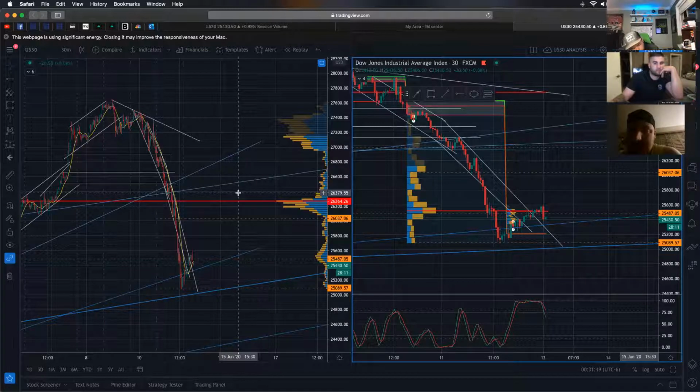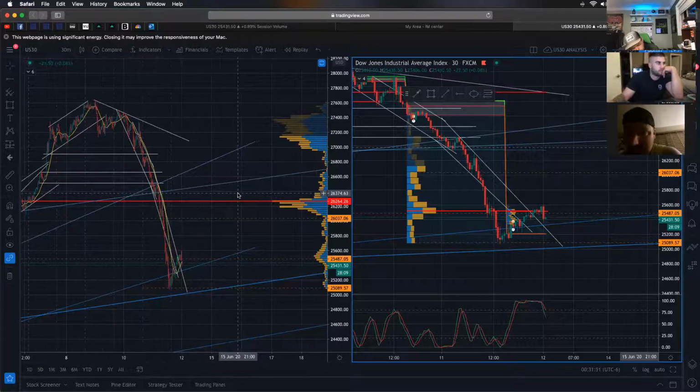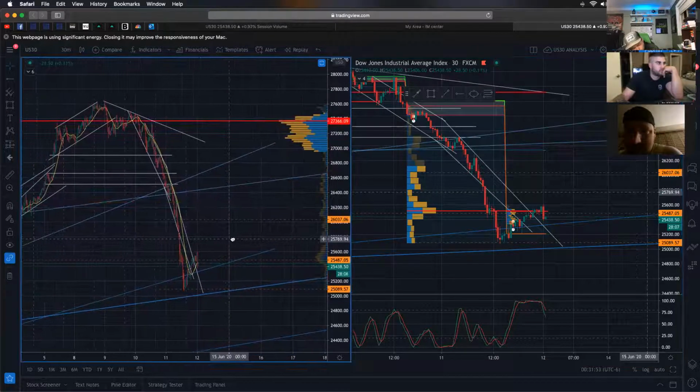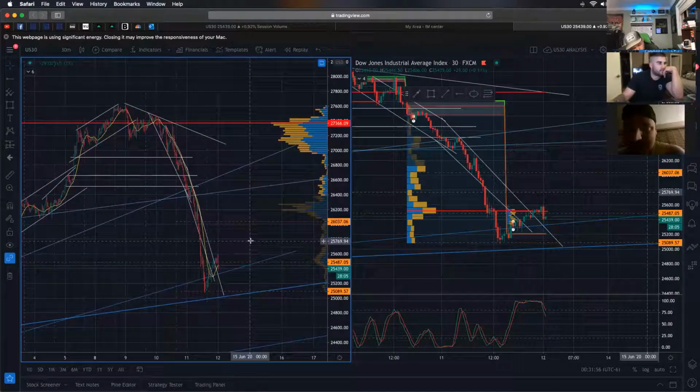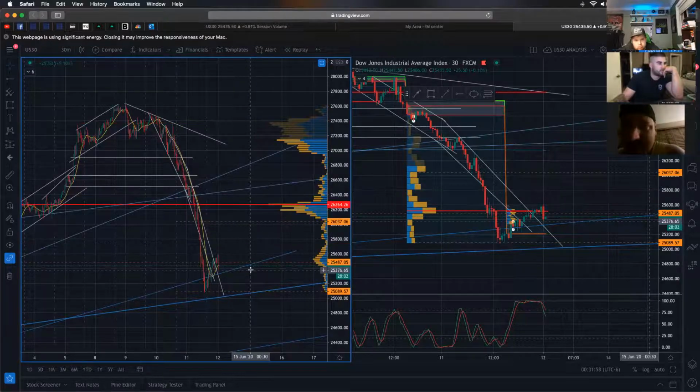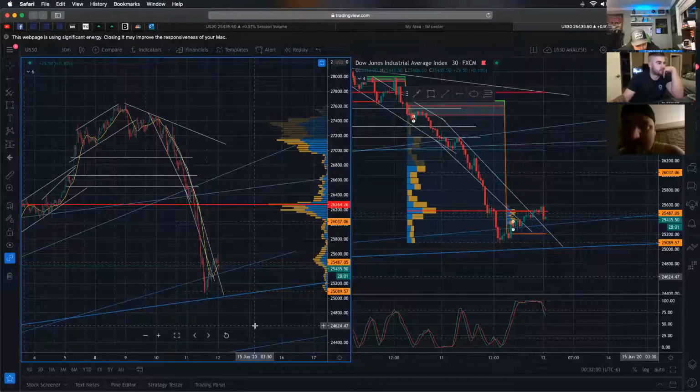It retested, or it hit all those levels. Yeah, it had two pullbacks to the exact same spot before that huge drop.